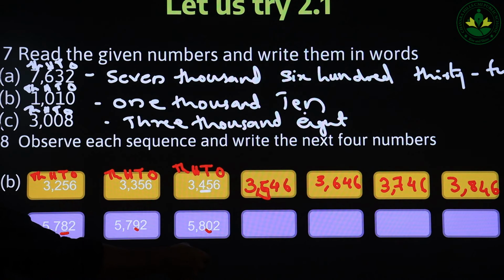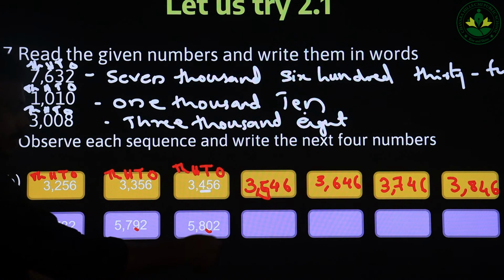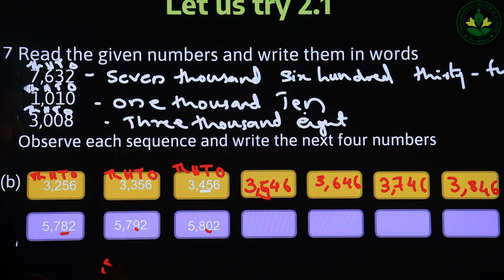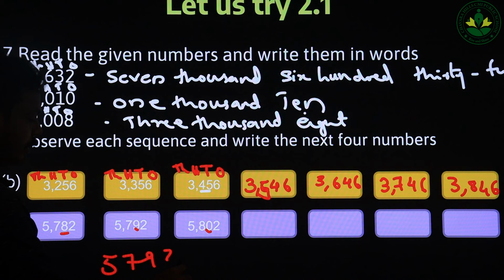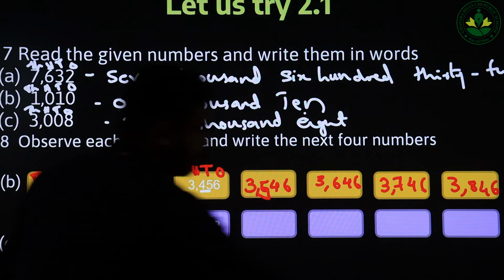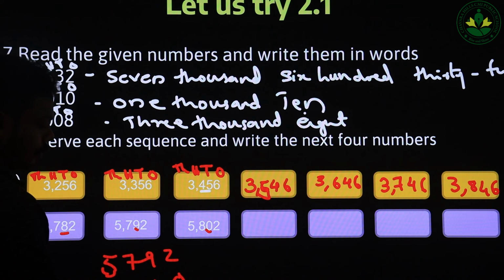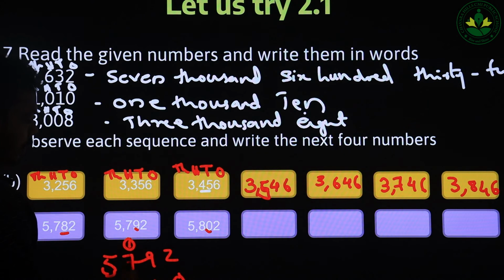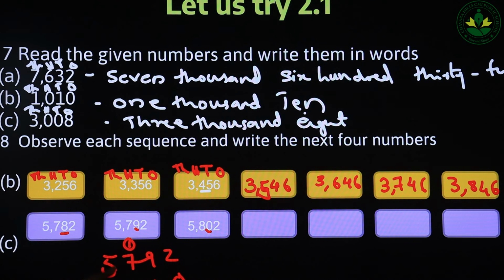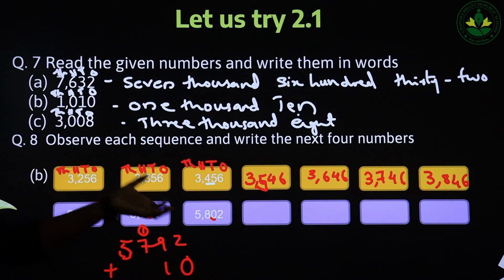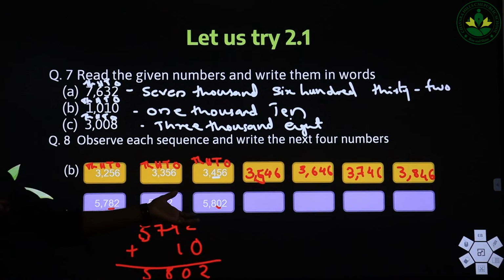Then plus 10 is 5802. 5792 plus 10: 2 plus 0 is 2, 9 plus 1 is 10, carry over 1, 7 plus 1 is 8, and 5. This is 5802. So they add 10 to each number.